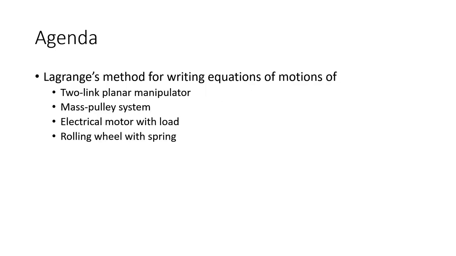With the help of more examples, I hope to further illustrate the application of Lagrange's method for the two-link manipulator, mass pulley system, electrical motor with a load, as well as the example of rolling wheel with a spring that we solved using the basic principles and techniques for modeling the systems with both the translational and rotational elements.